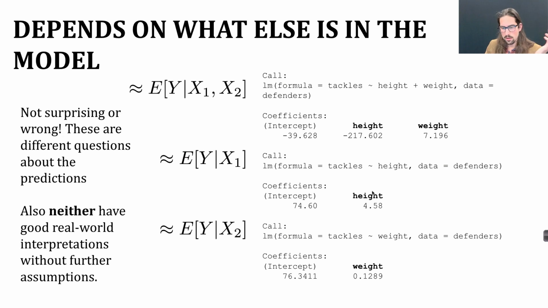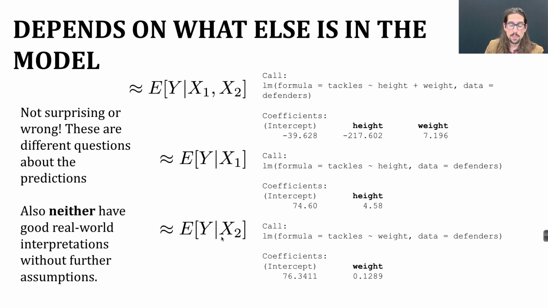And so the point here is that this is not surprising or wrong. We'll dig more into this in the next lecture, since right now you don't have an idea of the sampling variability of these things, so some of these concepts may not be as clear. But the point is that having something in the model or not in the model, you're estimating different functions, because these are different conditional means when you condition on different things or don't condition on different things.